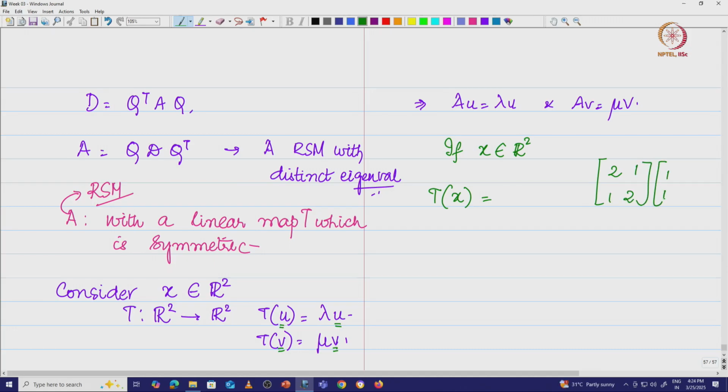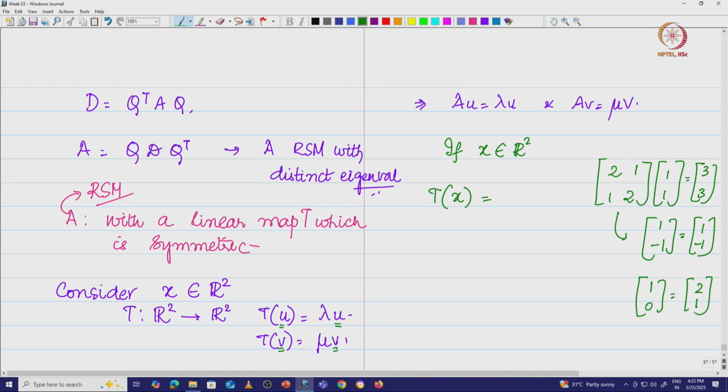When the vector is 1 1, it just scales it to 3 3. When the vector is 1 minus 1, it scales it to 1 minus 1. But if I give it 1 0, I do not even know what the matrix is doing, except that I get 2 1. When I transform the vector 0 1, I end up getting the vector 1 2. I do not even know what is happening.